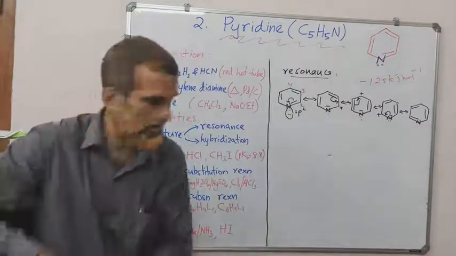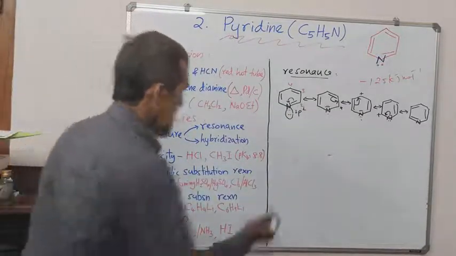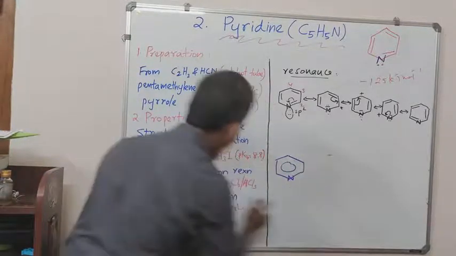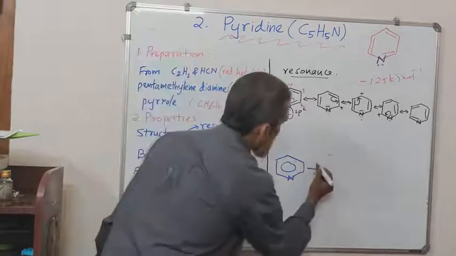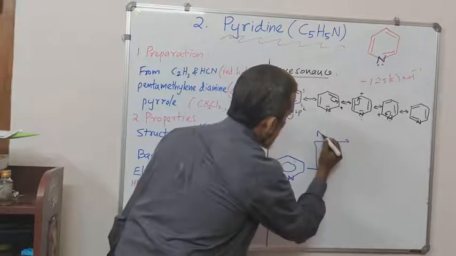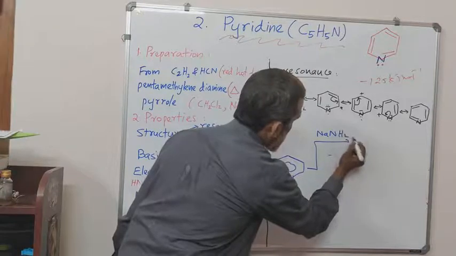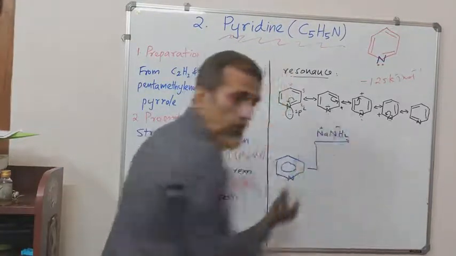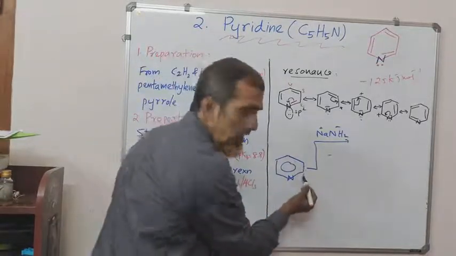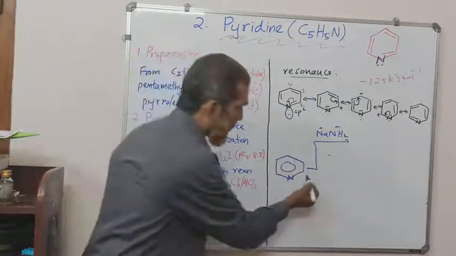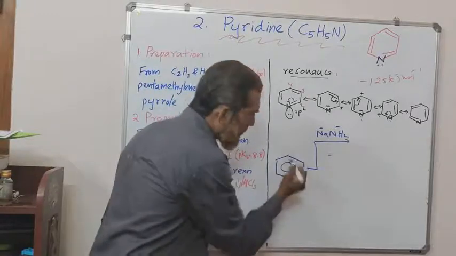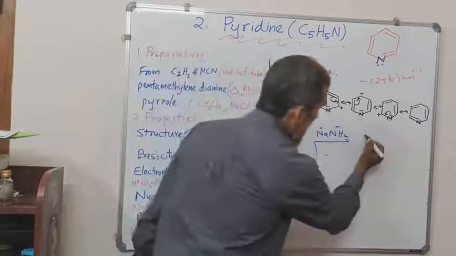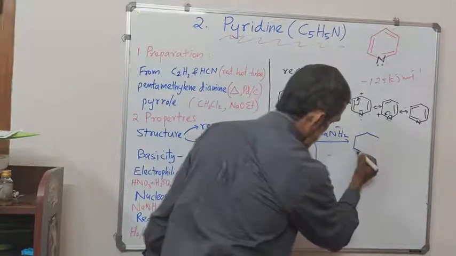Look, a few reactions we take. The first one is treated with sodamide, at a little high temperature of the order of 100 degrees Celsius. What happens? Na plus and NH2 minus. So this is the nucleophile which gets attached on C2. Between C2 and C4, we have seen that C2 and C4 are preferably attacked, and out of that, C2 is still more preferred.